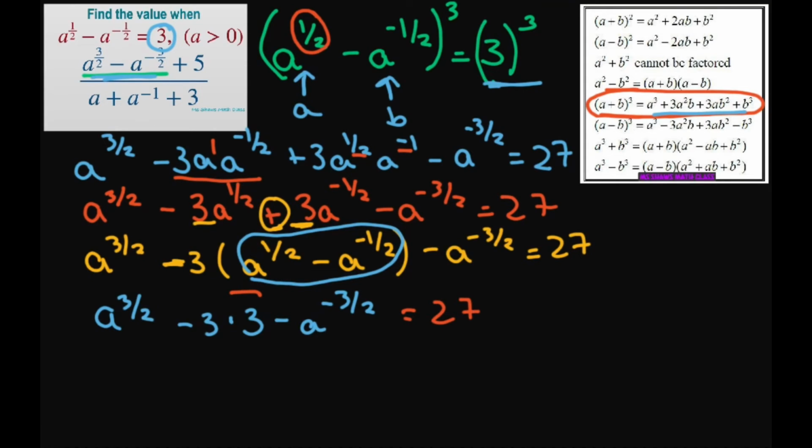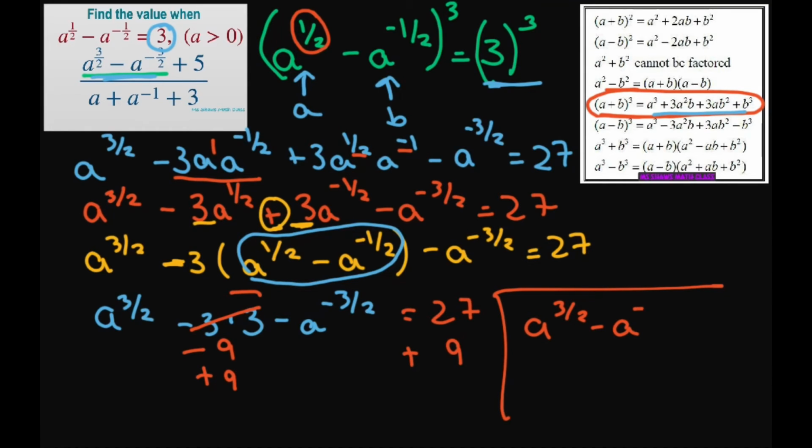So if you add 9 to both sides, we are going to get, for this part, a to the power of 3/2 minus a to the power of negative 3/2 equals 36. So we're going to use this in just a minute. All right, that's going to help us with our numerator.